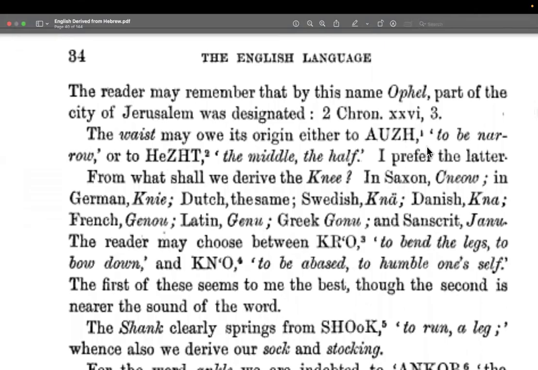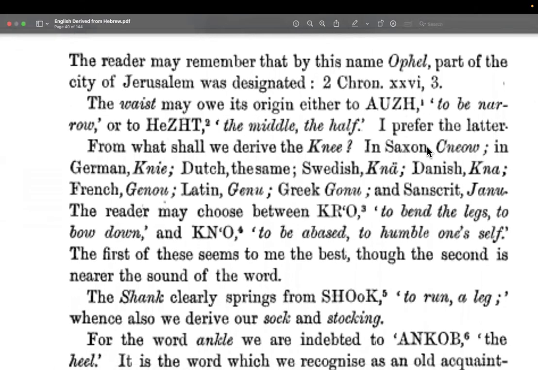The reader may remember that by this name, Ophil, part of the city of Yerushalayim, was designated, 2 Chronicles 26:3. The waist may owe its origin either to azu, to be narrow, or hazacht, the middle, the half.